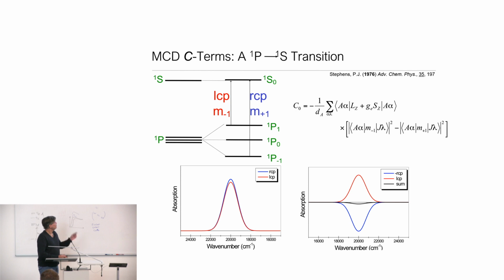Now, of course, you know that the splitting here is diverging linearly with magnetic field, and that means that the intensity of that signal is not only proportional to the magnetic field, but also to the temperature, right? Because the Boltzmann population will readjust itself according to the splitting pattern of the ground state. Now you will say, hey, you're kidding us, because obviously you also have the energy difference, right?